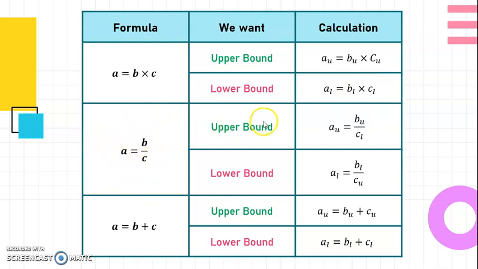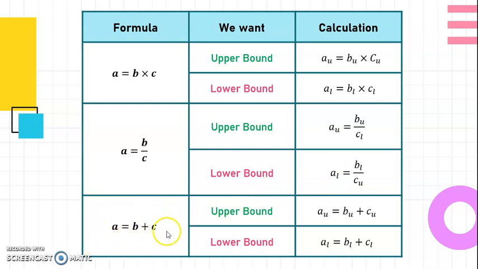So for division, in order to calculate the upper bound, you have to divide by the lower bound. Okay, so the upper bound of A is equal to the upper bound of B divided by the lower bound of C. Whereas for lower bound, it's vice versa: the lower bound of value B divided by the upper bound of value C. Okay, the third formula will be addition.